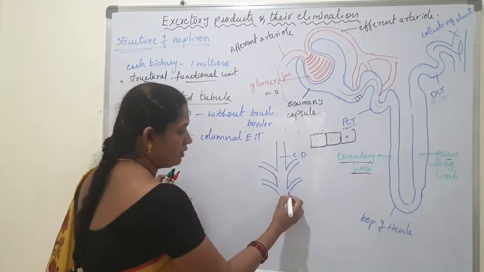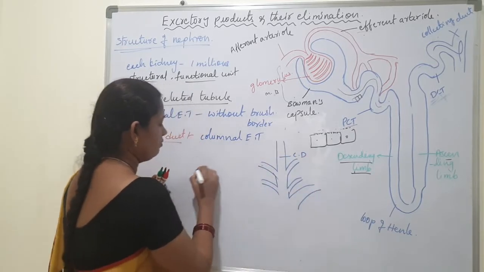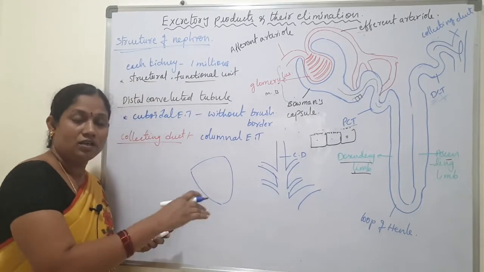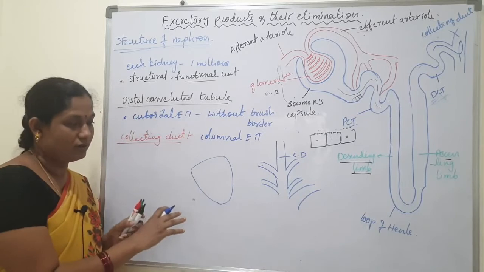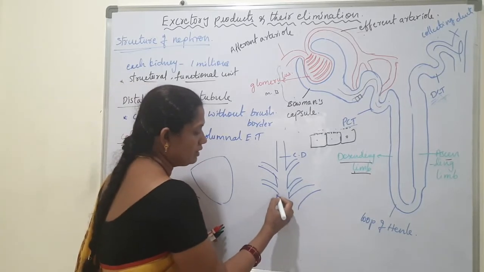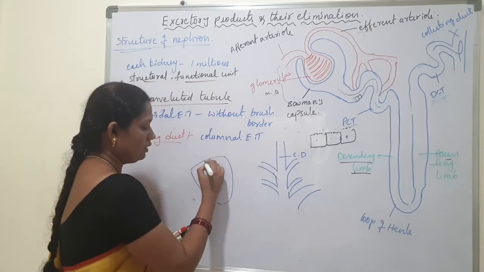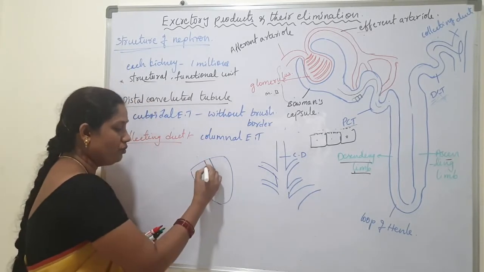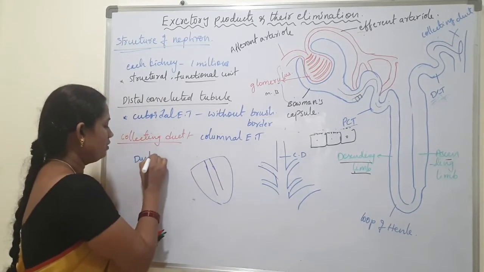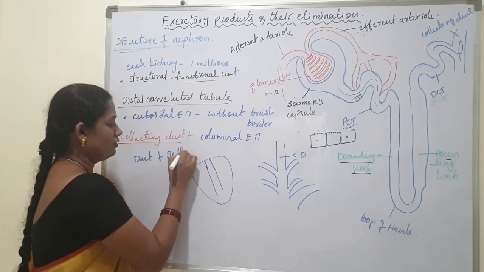All the collecting ducts remain in, for example, a pyramid. In the kidney, the medulla's pyramid-shaped structures are called renal pyramids. In the renal pyramids, all the collecting ducts join to form a long duct called the duct of Bellini.